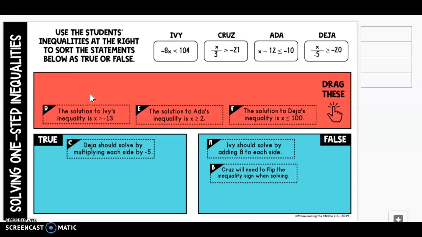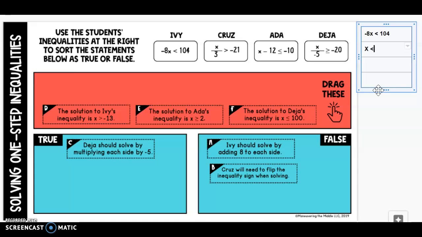D. The solution to Ivy's inequality is x is greater than -13. I am going to put her inequality over here, which is -8 multiplied by x, or -8x, is less than 104. Since I am multiplying, I will be dividing each side by -8. So -8 divided by -8 is x.